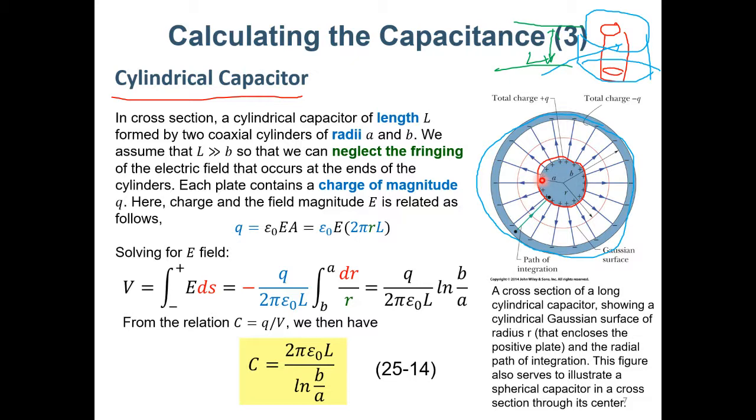We exclude the top and bottom because all the E field is in the radial direction, so there is no E field going up or down. The only flux is contributed by the side surface, which is epsilon 0 E 2 pi rL.